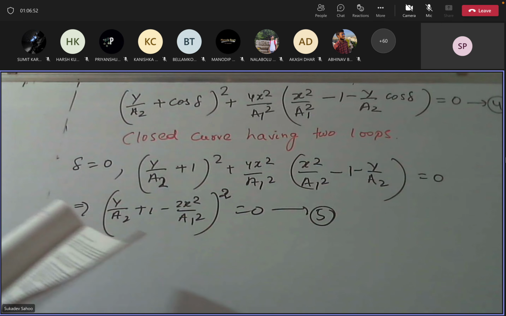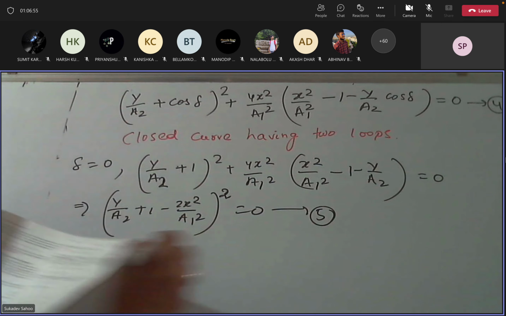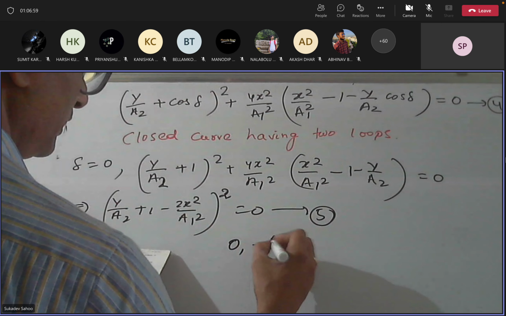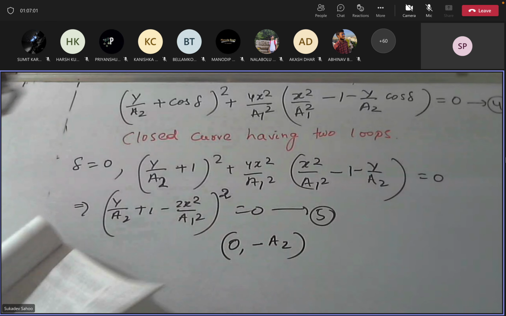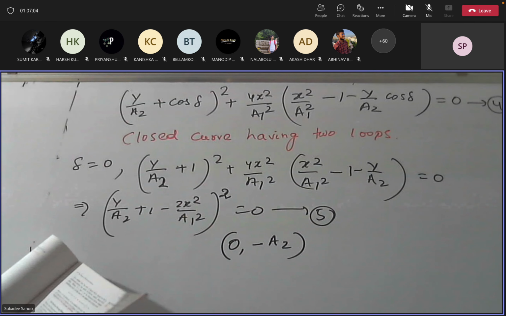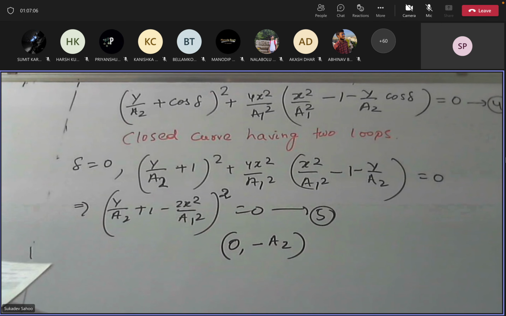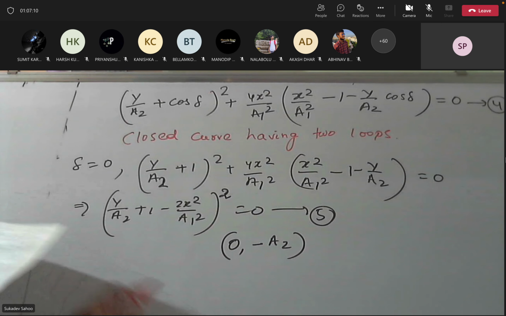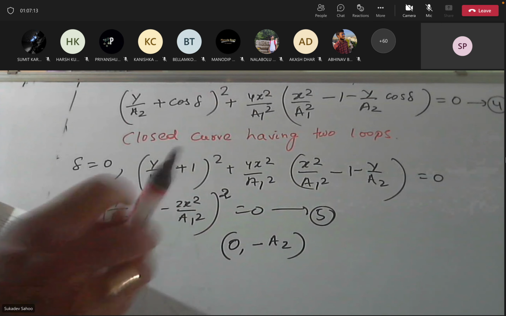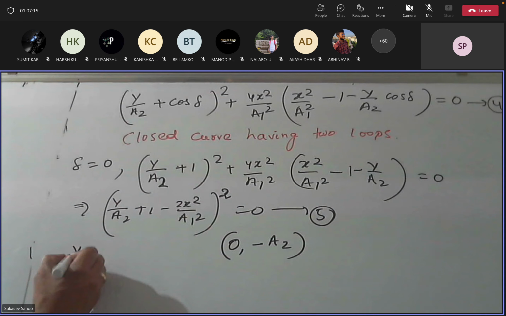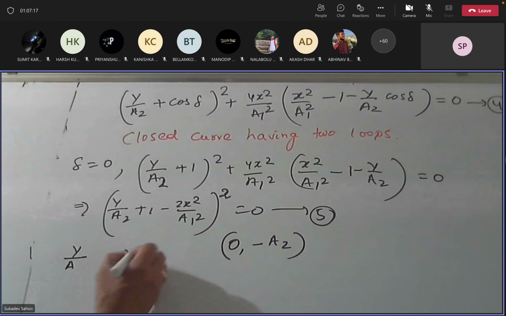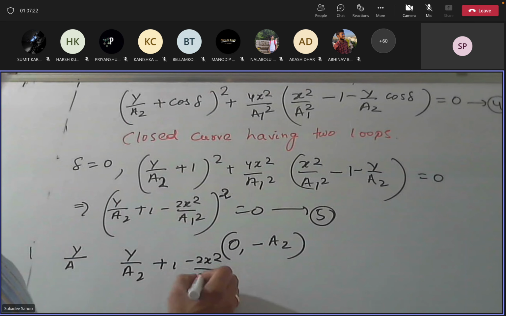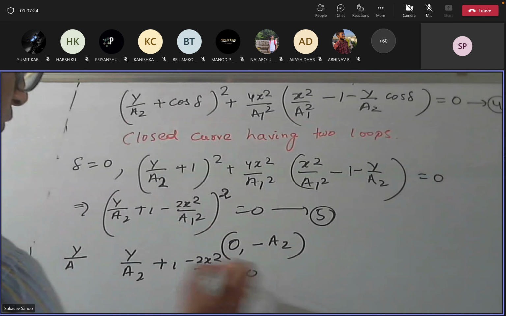Two coincident parabolas with their vertices at 0, minus a2. I think all of you are acquainted with the equation of a parabola and its vertices, etc. So what will be the equation of the parabola? y by a2 plus 1 minus 2x square by a1 square equal to 0.